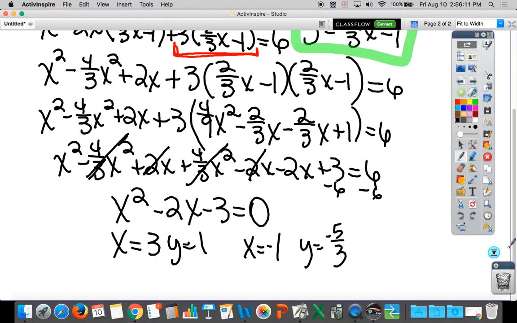Like, you wouldn't have the -2. You would have multiplied the 3 times -4/3 and got -4x. And 2x and -4x, there's your -2x. What other questions?